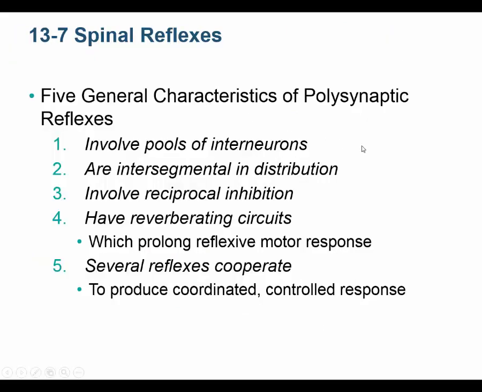All right, this is showing you 5 general characteristics of polysynaptic reflexes. First of all, they always involve pools of interneurons. That's the definition of polysynaptic. The afferent doesn't directly innervate the efferent, it goes through an interneuron. They are usually intersegmental in distribution.